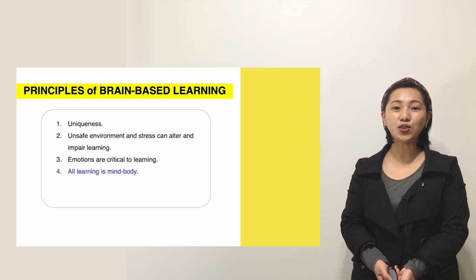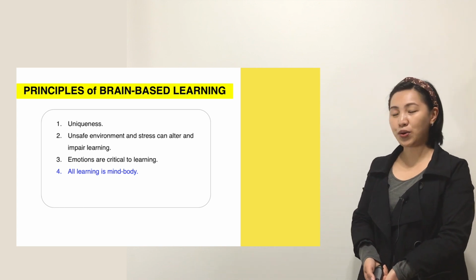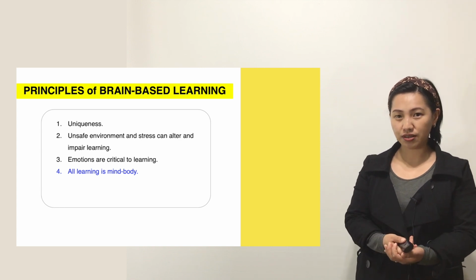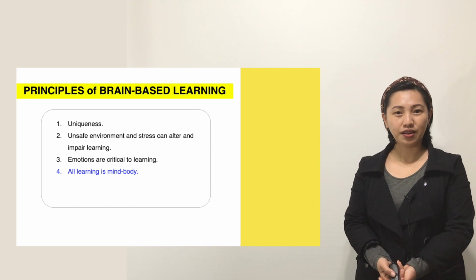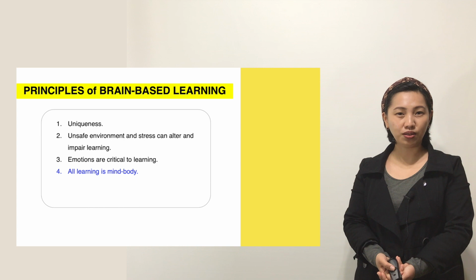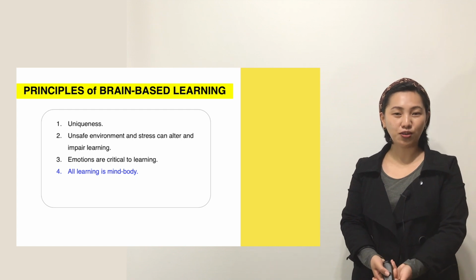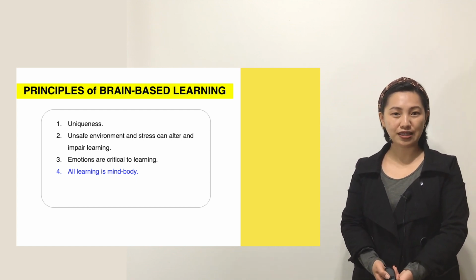It also includes our body. As we talked about in the first part of the video on the brain functions, we saw that the brain works as the central control panel of the body. So what goes on with our body also affects our brain. What goes on with the brain affects the body.